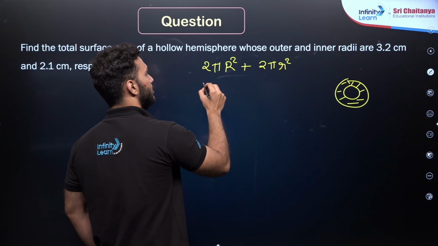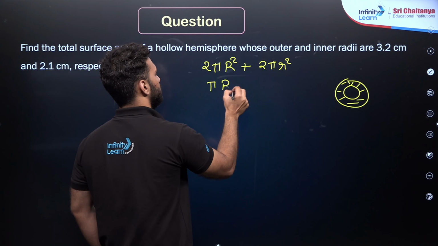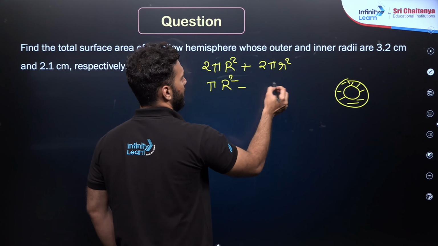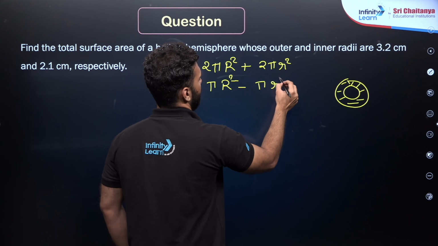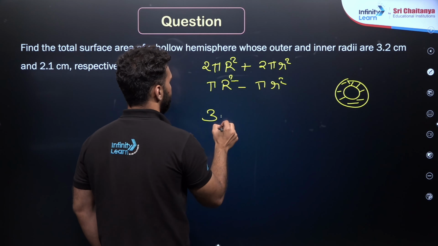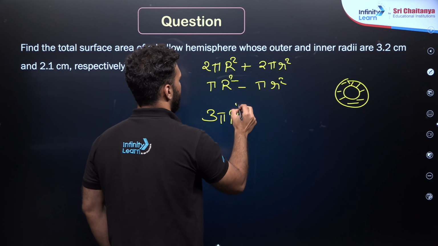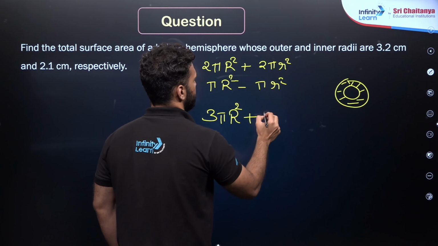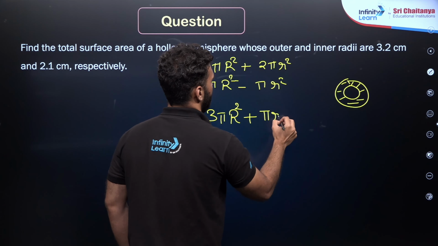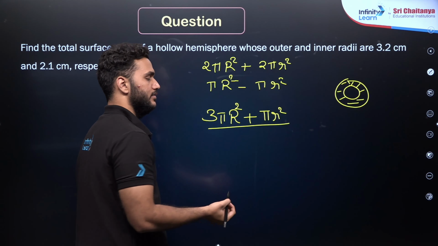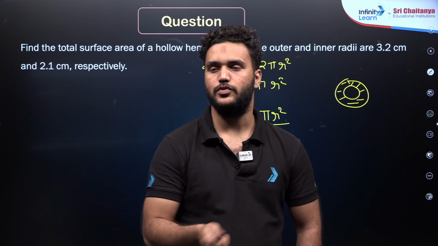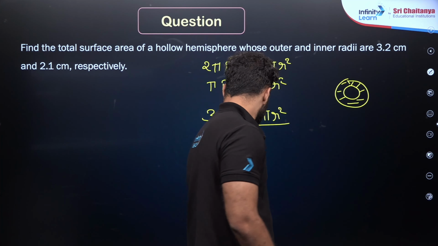For that, pi R square minus pi r square. Simplify this, you will get pi (3R square plus r square). That's it. This is the formula. Just put the values and you will get the answer.